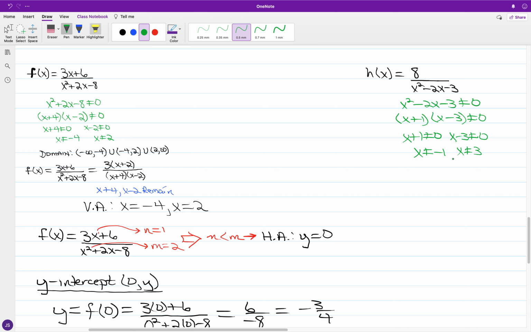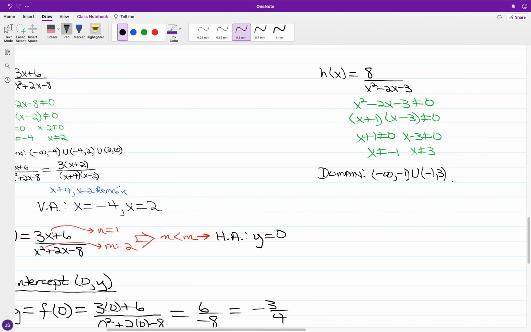Here we have x cannot be 1 and x cannot be 3. And for the terms in the domain, we have those values of x less than negative 1, those values of x between negative 1 and 3, and then those values of x greater than 3.